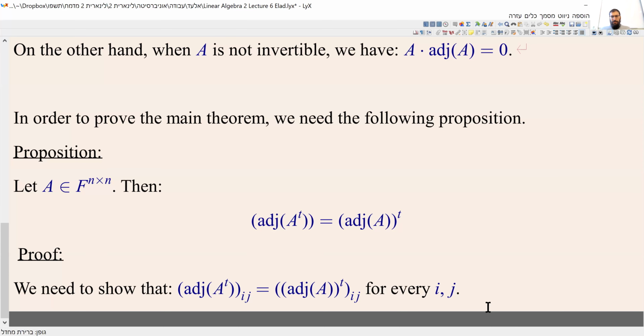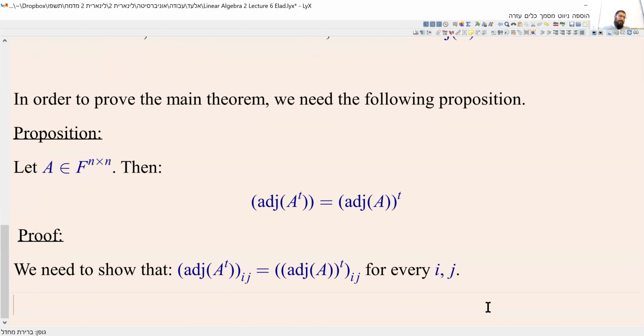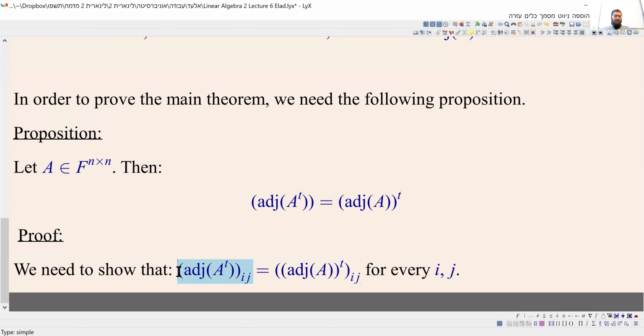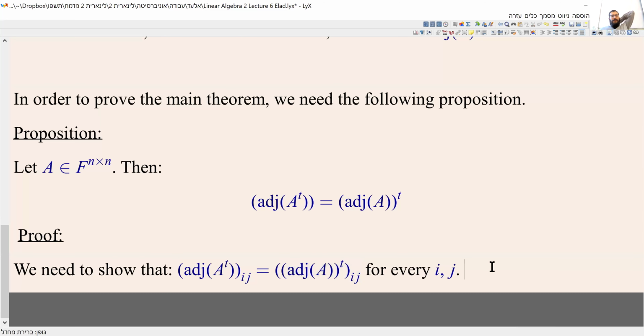But by the definition of the transpose on one hand and the definition of the adjugate matrix on the other hand, it shouldn't be very hard. So let's write down explicitly what both of them actually are, and we'll find out, very surprisingly, that they are the same.